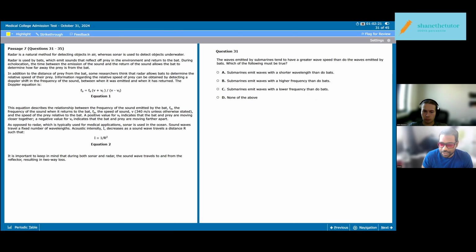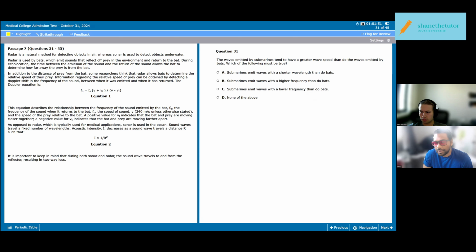But frequency and wavelength alone don't tell you anything about the speed of the wave. So this is just trying to trick you, because it's not going to be any of these, or rather, it'll be D because it's just the medium, right? So remember that the speed is determined by the medium.